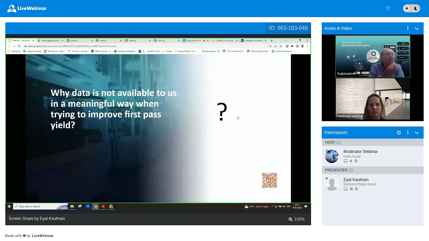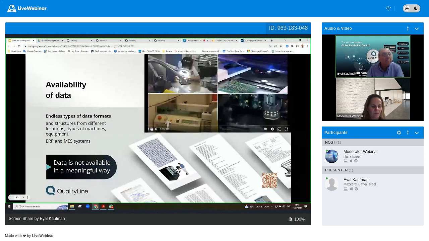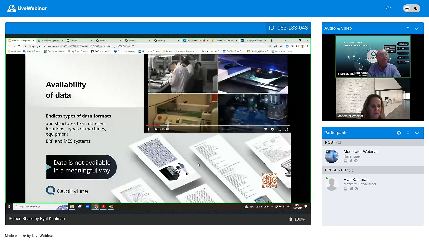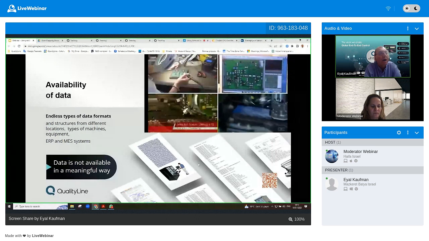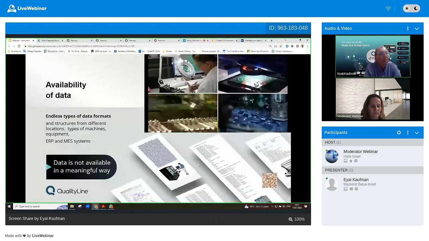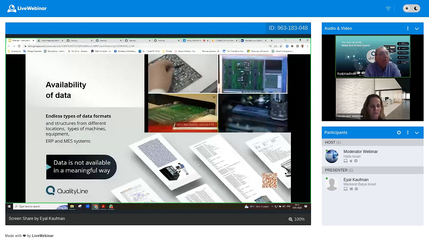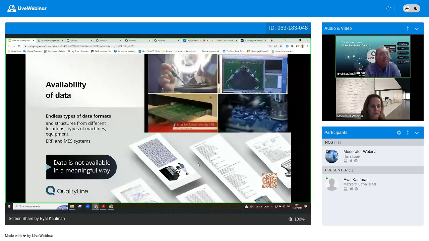Okay, so why is data not available to us in a meaningful way when trying to improve the first pass yield? We understand that the key point for us to be able to maximize first pass yield is controlling data, but data is not always available to us to the extreme detail. Okay, and why is that? The fact is that if you try to recall the different structures and protocols of data that are accumulated during your manufacturing process, including from your vendors, you will find endless types of data formats, structures and protocols.